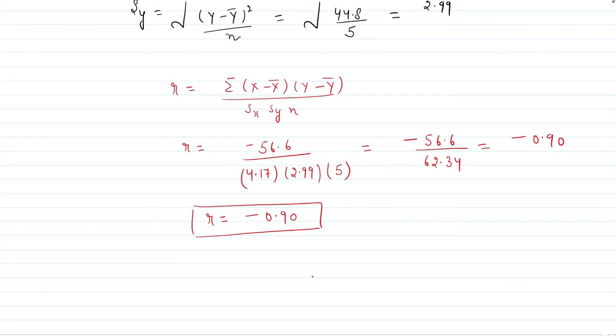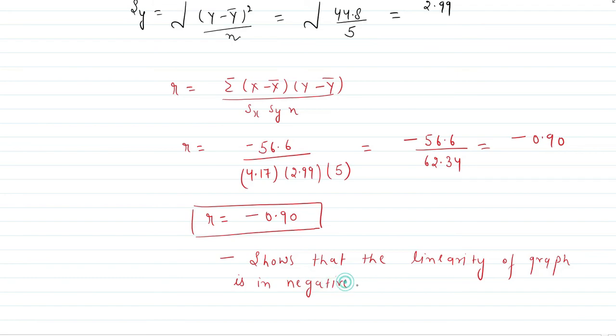Here the minus shows that the linearity of the graph is negative, that is, the slope is negative. This is the first point.